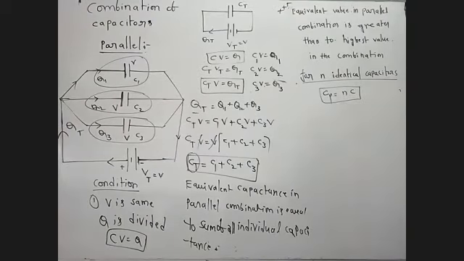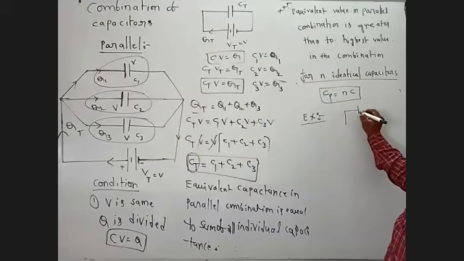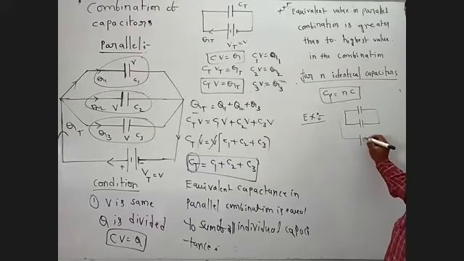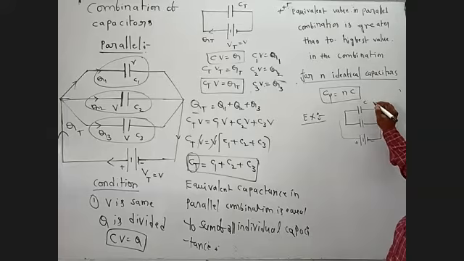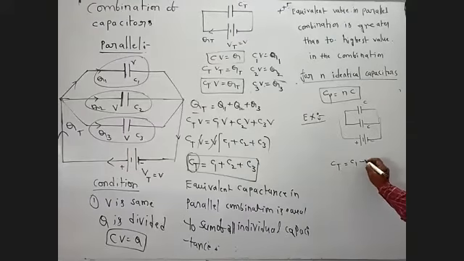Now, two capacitors are connected in parallel. For example, this is capacitor 1, this is capacitor 2, connected to a battery. C total is equal to C1 plus C2.